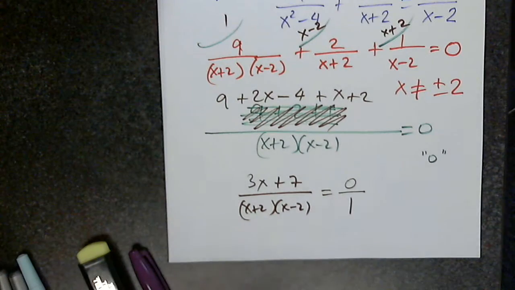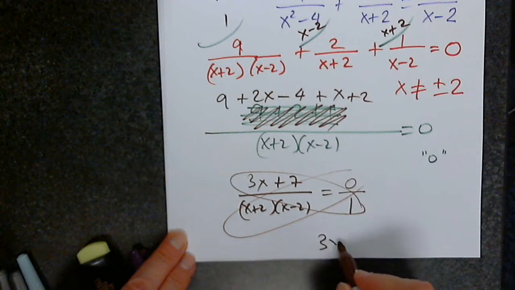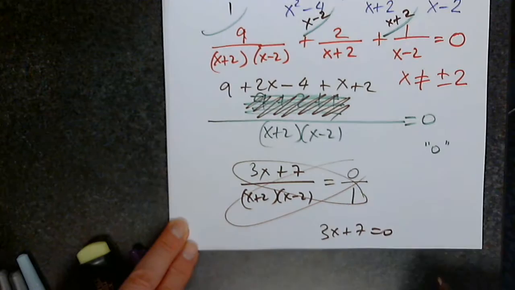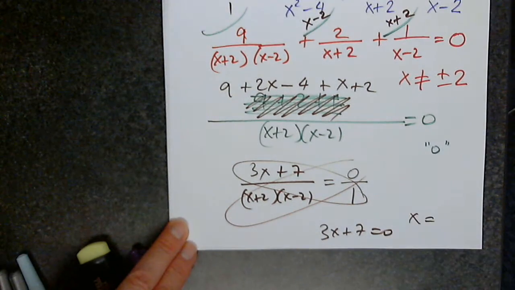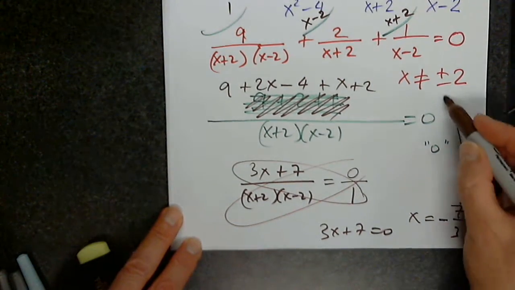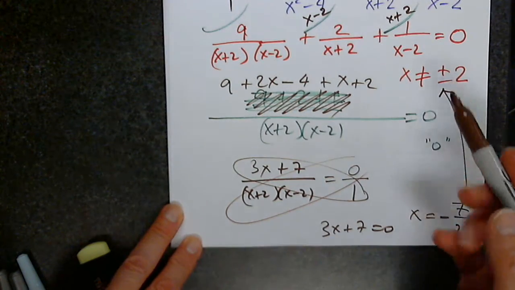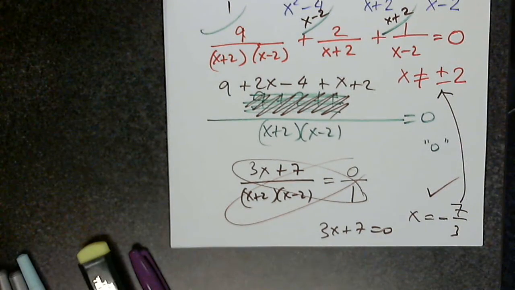Right, because I changed that whole thing into a proportion now. Now I cross multiply. 0 equals 3x plus 7. So therefore, x equals, move 7, it becomes negative, divide by 3. Yeah, negative 7 thirds. Is this among the restrictions? No, it's not, so then it's a yes. Do we need another rational equation? Yeah. Okay.